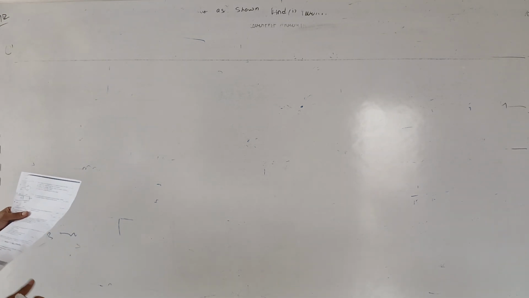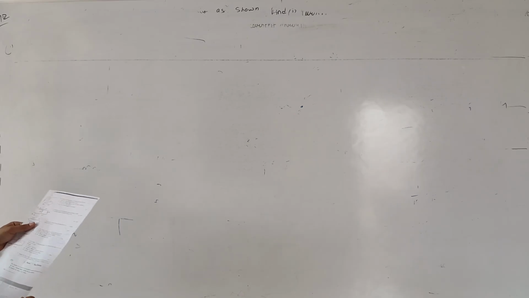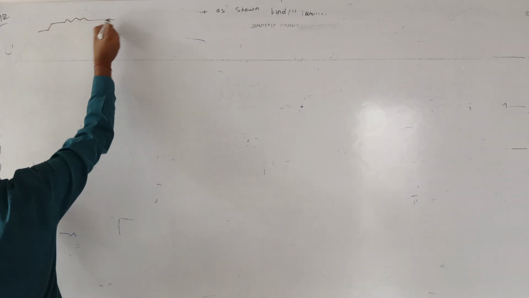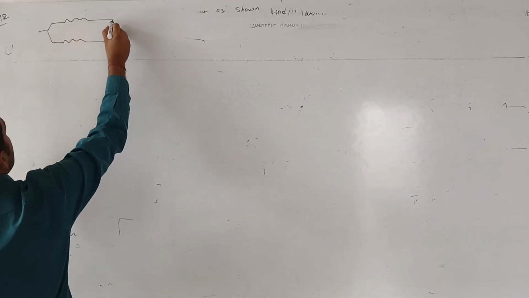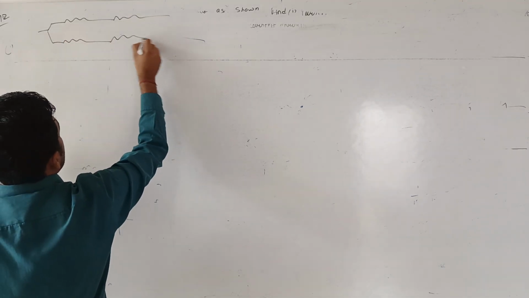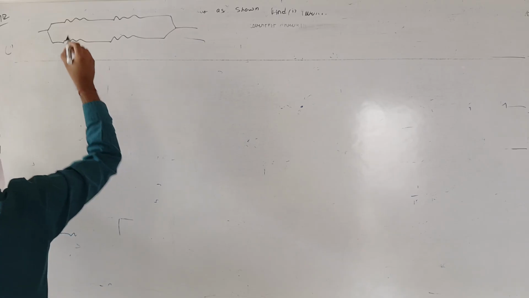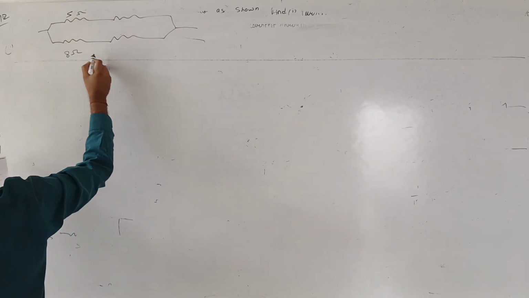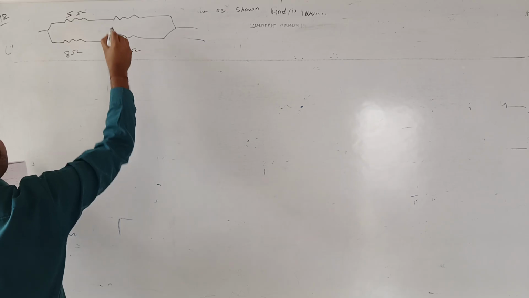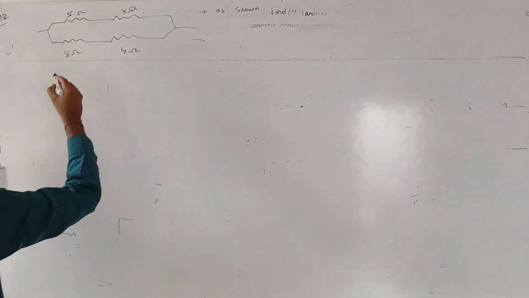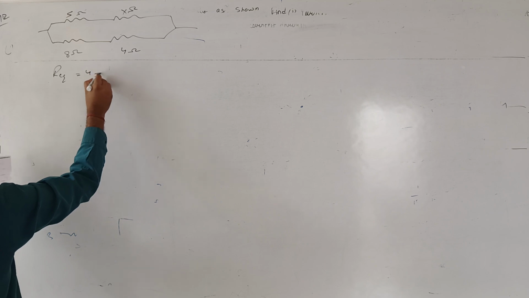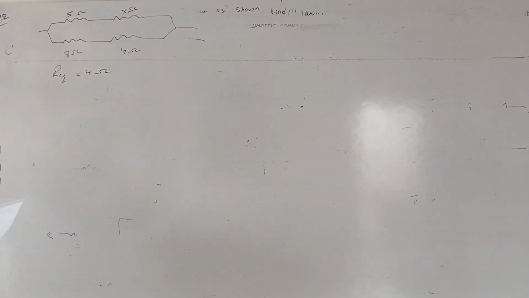The equivalent resistance of the circuit is given; calculate the value of X. We have a circuit. The resistances are 5 ohm, this is 8 ohm, this is 4 ohm, and this is X ohm, which we have to find. R equivalent is given as 4 ohm. We have to find the value of X.